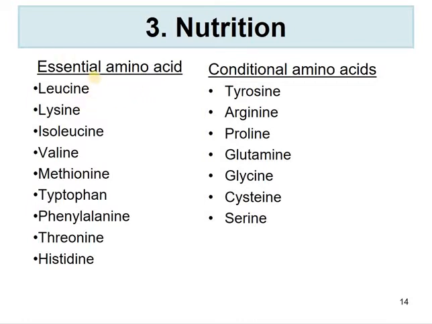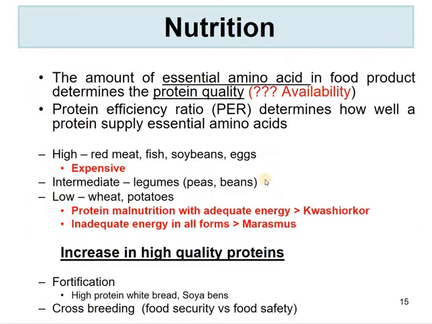Okay, the essential ones you have to get from the diet. So if these amino acids are essential and have to be gotten from the diet, then when we categorize the food products that contain these essential amino acids, we term those high quality protein products.